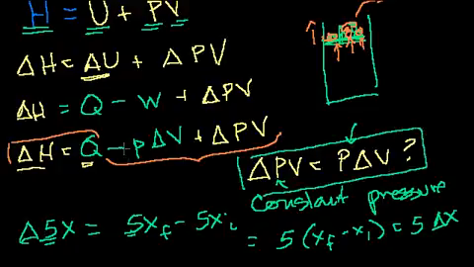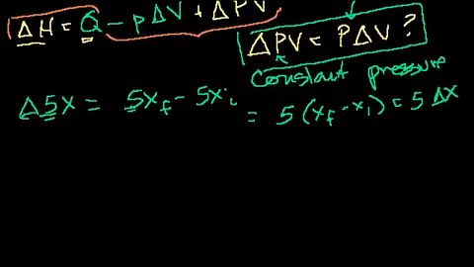So if pressure is constant, and this is a key assumption, and heat is being applied in a constant pressure system, we could write it this way. I'll write it multiple times because this is key.